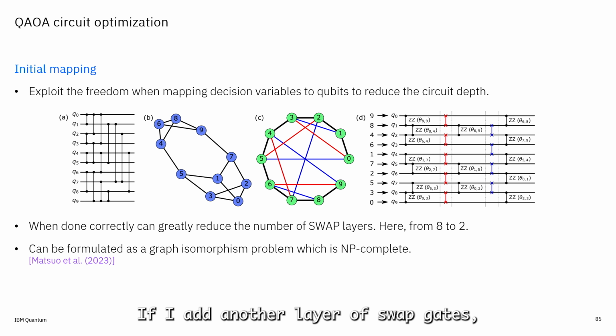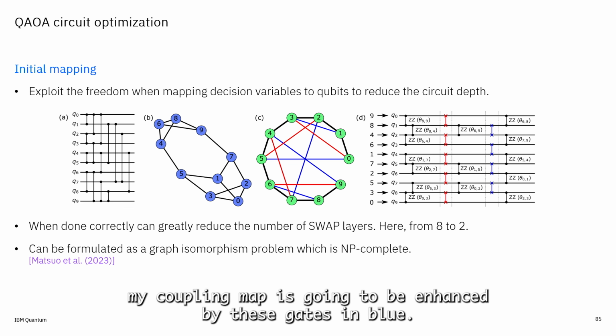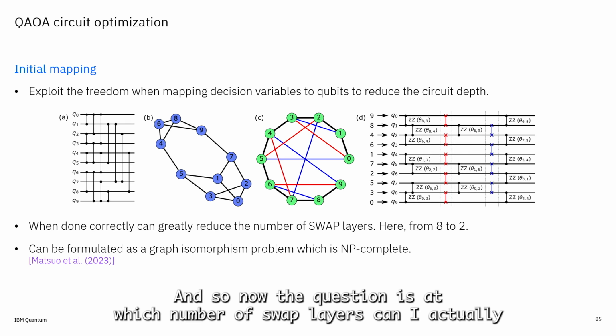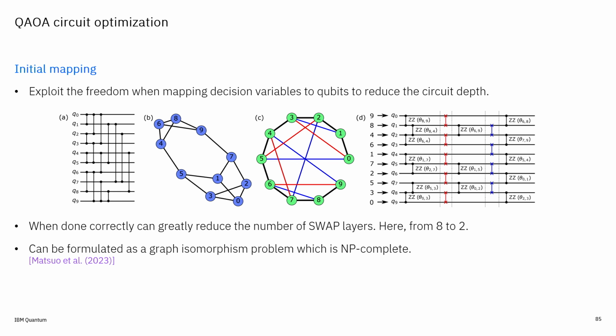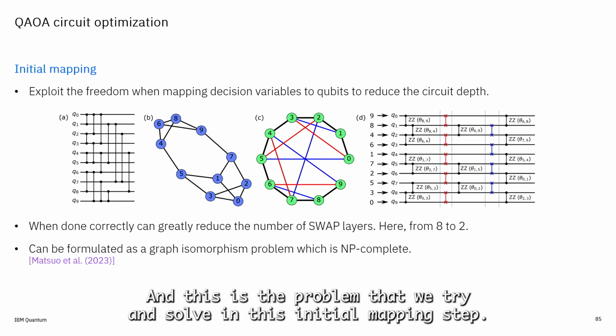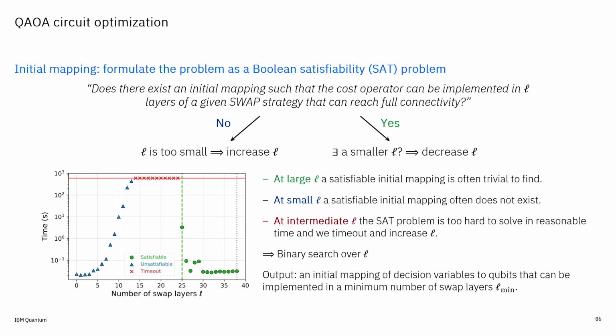If I add another layer of swap gates, my coupling map is going to be enhanced by these gates in blue, right? And so now the question is, at which number of swap layers can I actually find an isomorphism between this graph so that it fits into this one? And this is the problem that we try and solve in this initial mapping step.